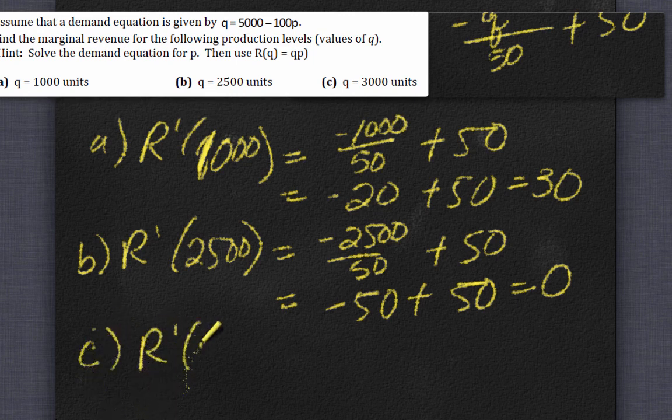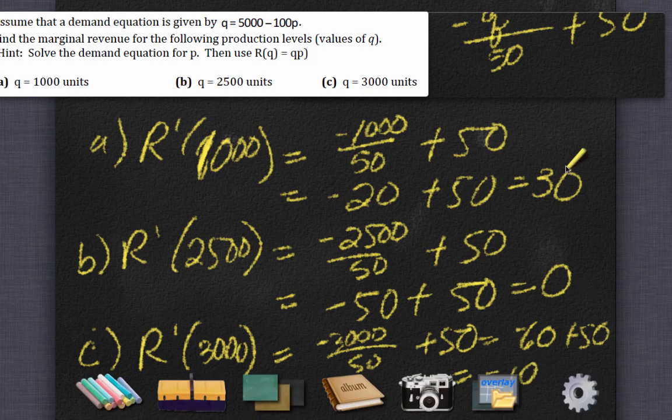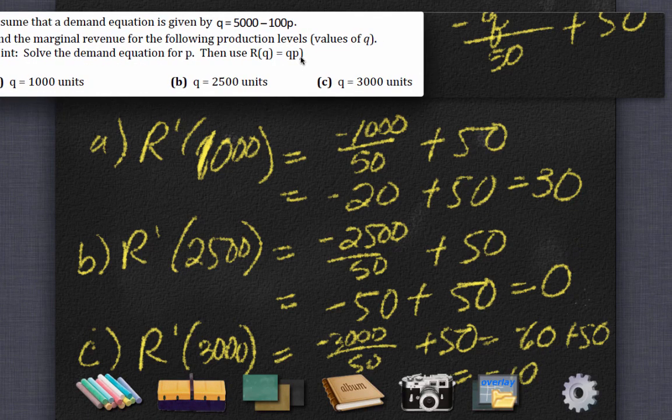R prime of 3,000. At this point, my derivative is negative.